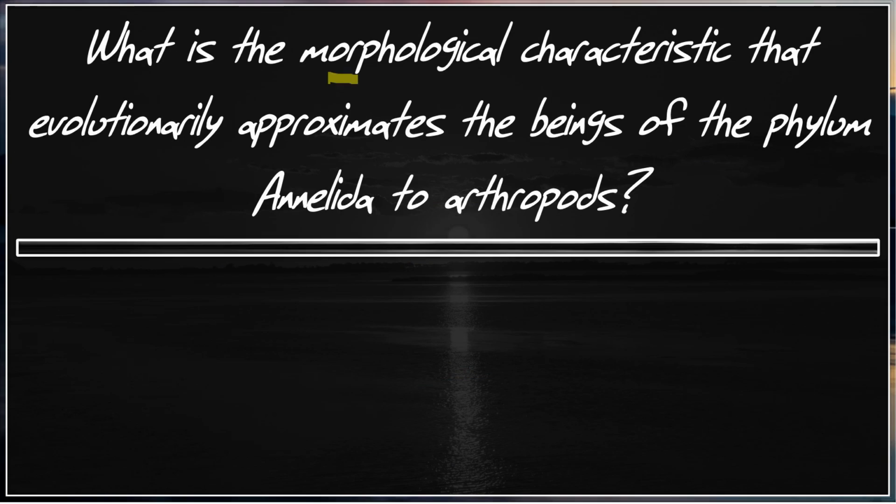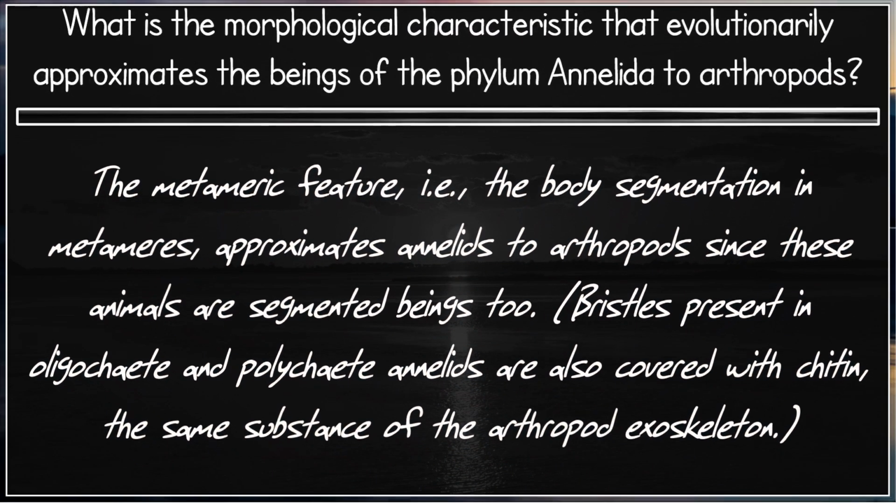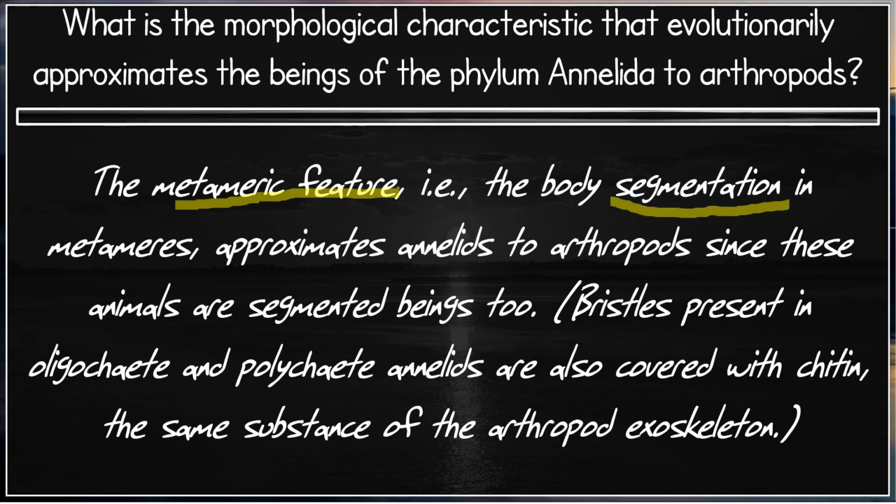What morphological characteristic evolutionarily approximates annelids to arthropods? Metameric features, i.e. the body segmented in metameres, approximate annelids to the arthropods, since these animals are segmented too.